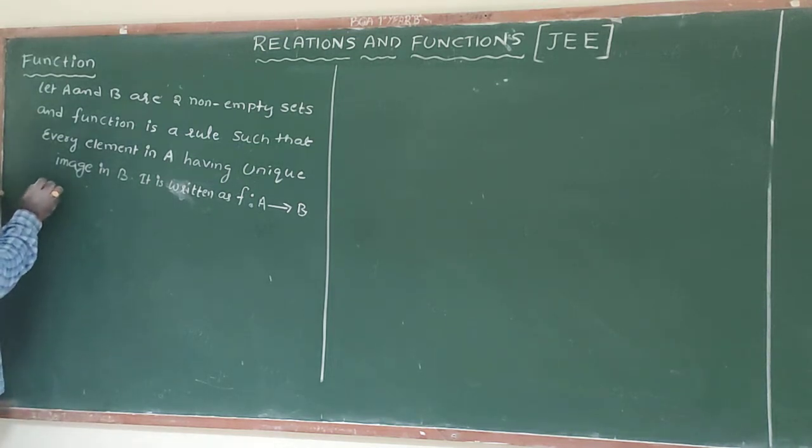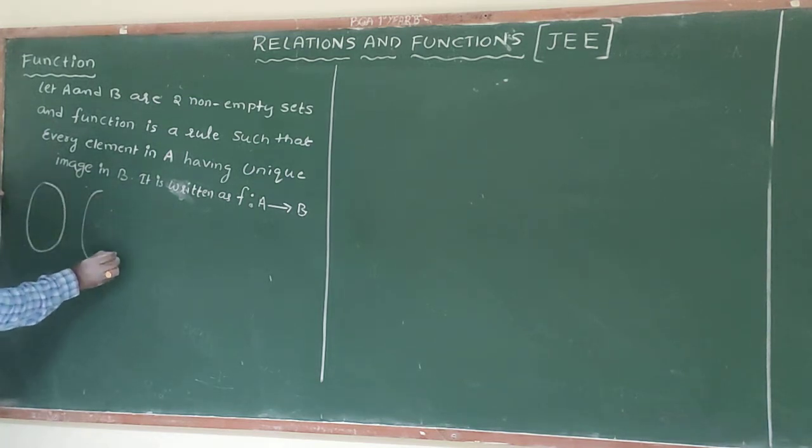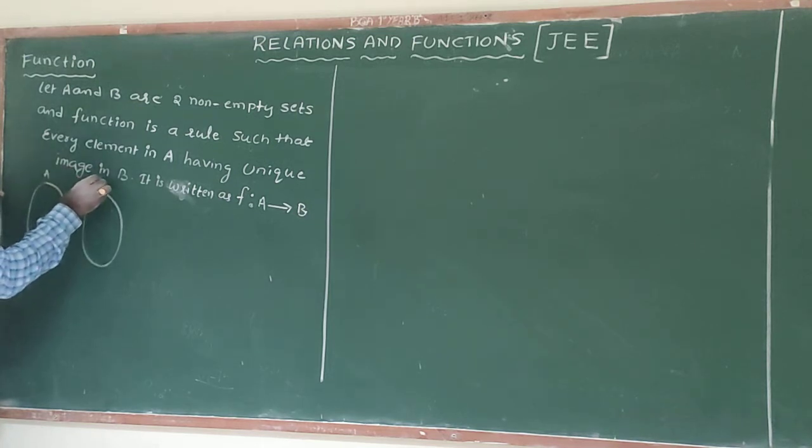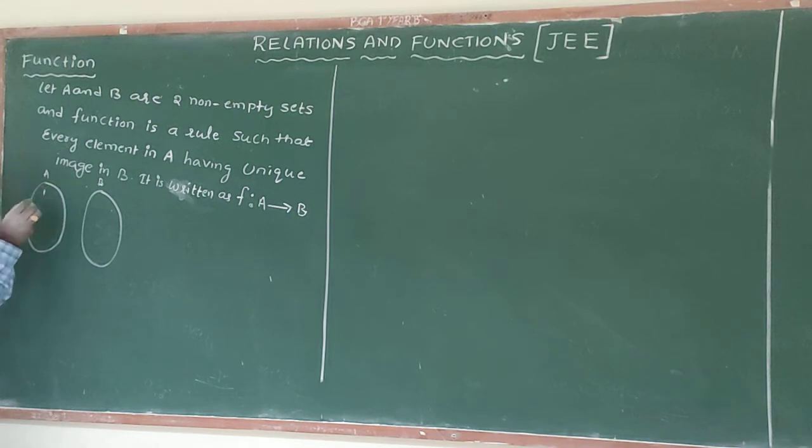For example, I am taking the diagrammatical representation. This is set A and this is set B. A contains 4 elements.